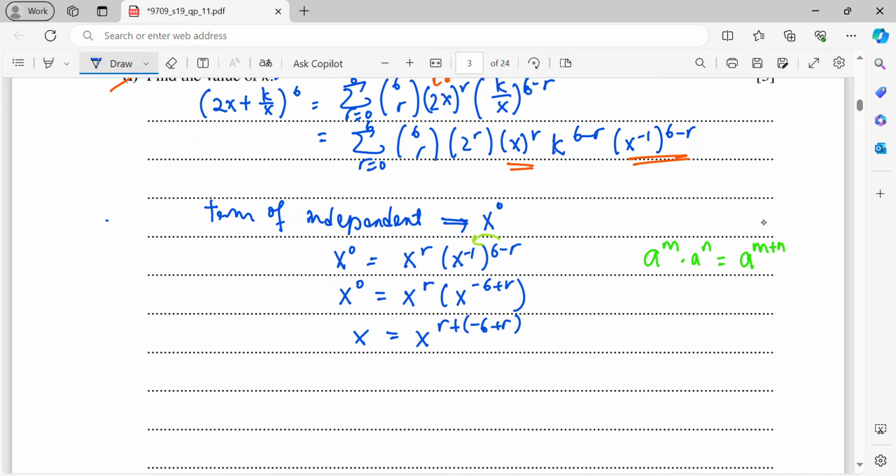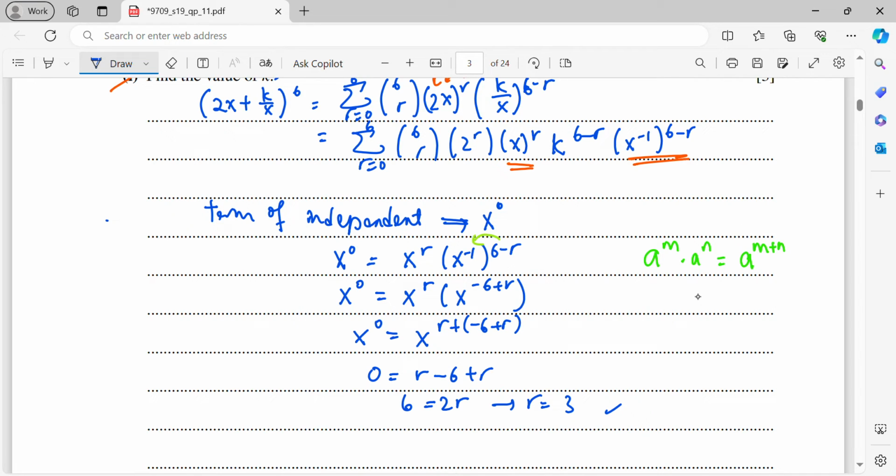Then the left side is x degree 0. Now, since both sides have the base x, I will just compare the degrees. So 0 equals r plus minus 6 plus r, which is basically r minus 6 plus r. Then I will be getting 2r equals 6. Hence, my r is going to be 3. So that means my term independent of x happens when r equals 3.